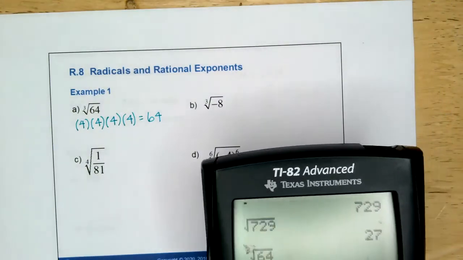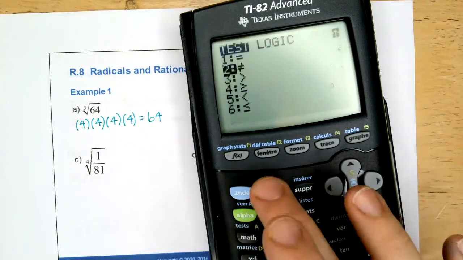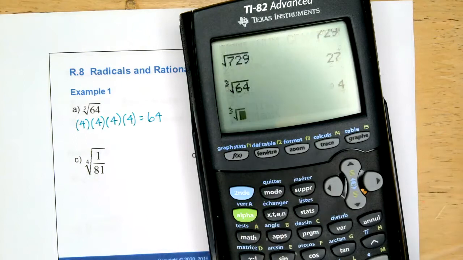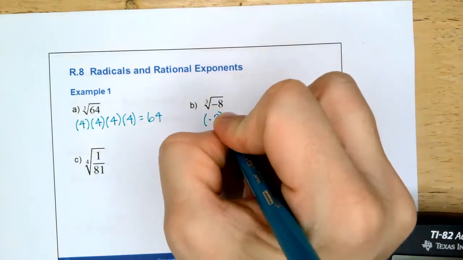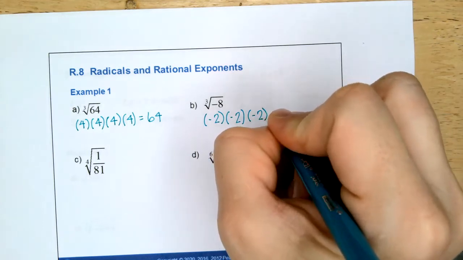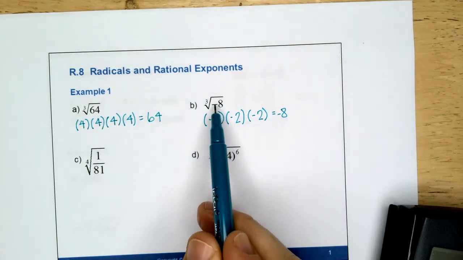So B, the cubed root of -8, you could do that same thing. The cubed root of -8 is -2 because -2 times -2 times -2 gives me a -8. Now remember, one of our rules is you cannot take the square root of a negative number, but you can take the cubed root.